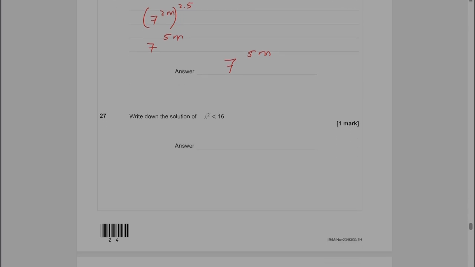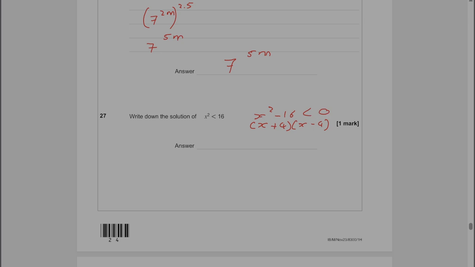Okay, question 27. Write down the solution of x squared is less than 16. Okay, the squares are a bit awkward for inequalities. What I'm going to do is rearrange that to say that x squared minus 16 has to be less than 0. It's a difference of two squares.